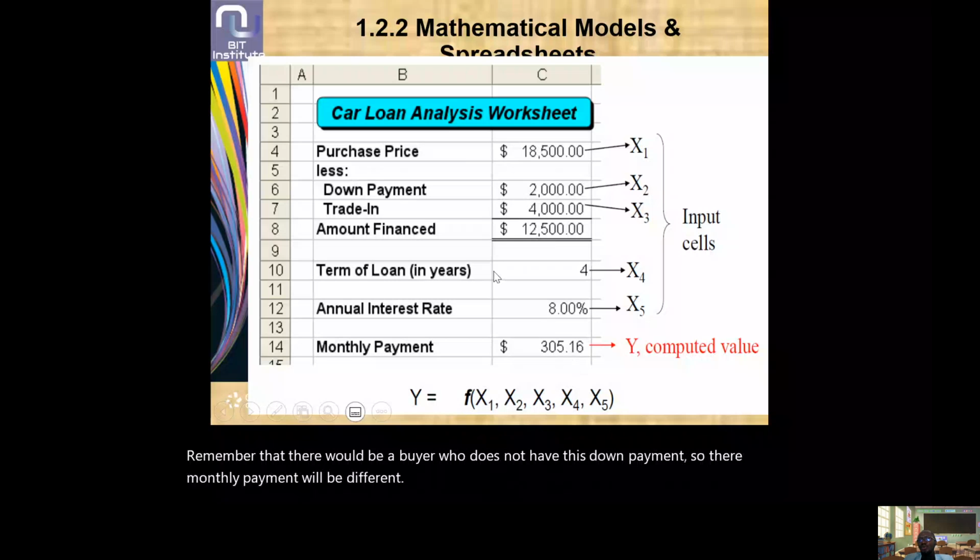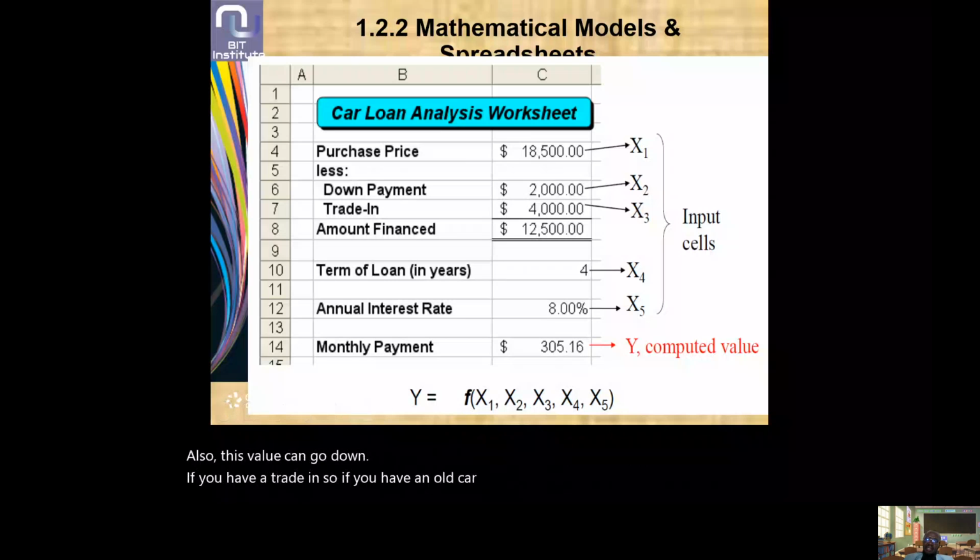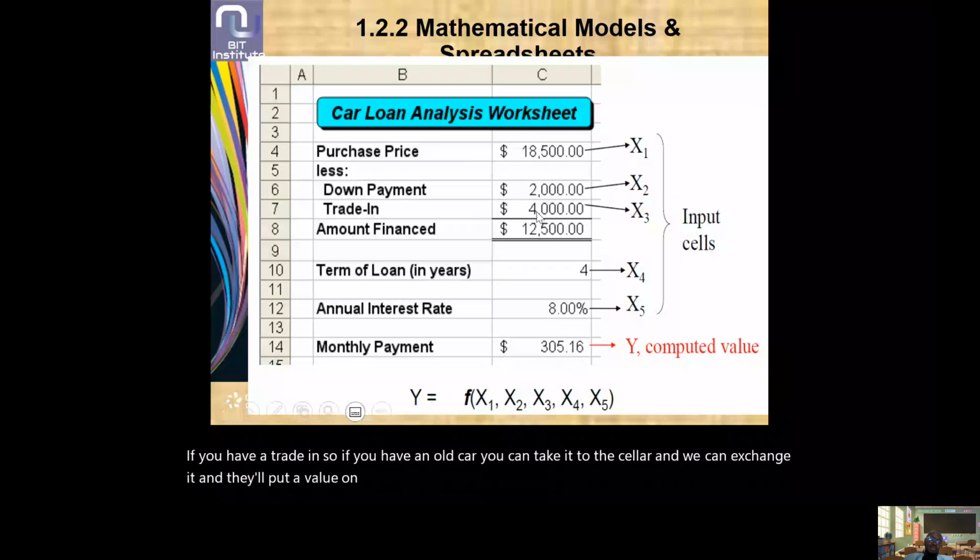Also, this value can go down if you have a trade-in. If you have an old car, you can take it to the seller and they can exchange it. They'll put a value on that old car. Typically, you get a raw deal for it, but at least it is helpful in reducing your monthly commitment to the car seller.